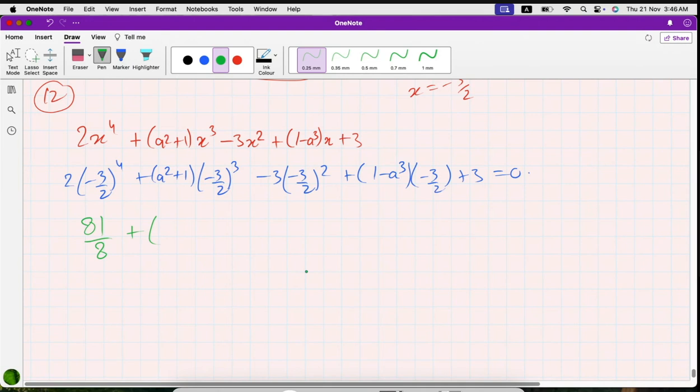It gives me negative 27 by 8, negative 27 by 8 a square plus 1. Now this is minus 3 into (minus 3 by 2) squared, which gives me negative 27 by 4, plus that is already minus 3 without power. Minus 3 by 2 into (1 minus a cube) plus 3 is equal to 0.